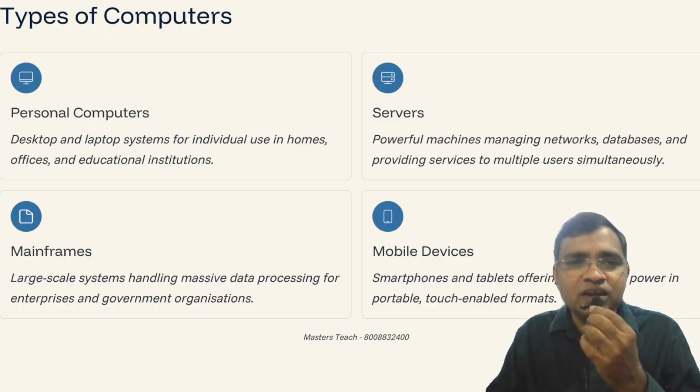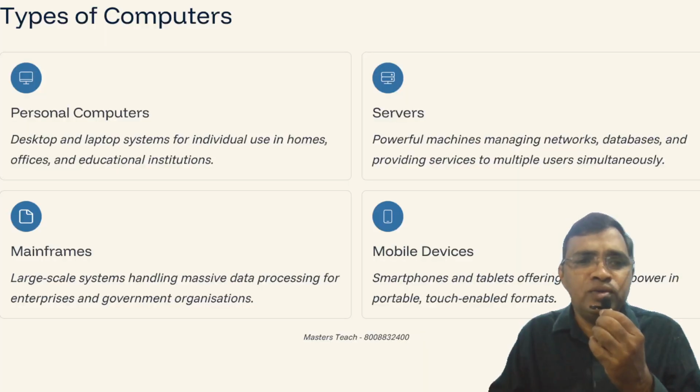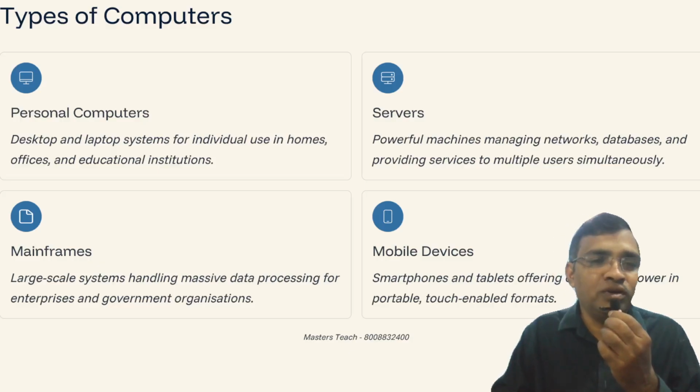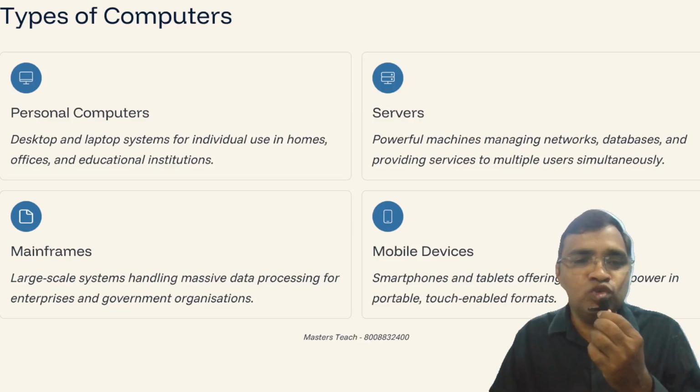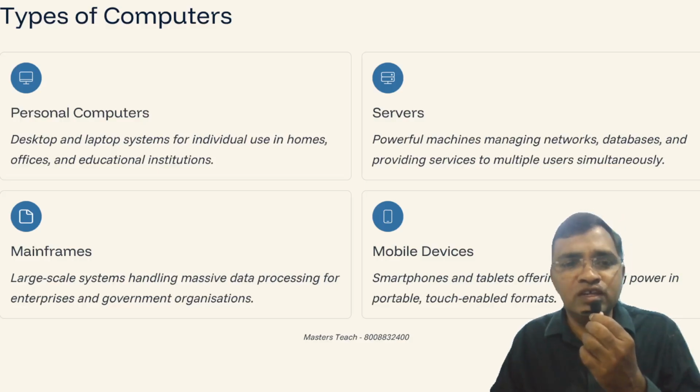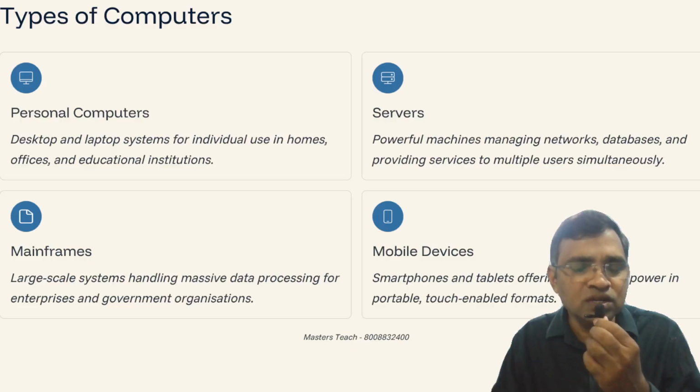Okay, let us start. Types of computer. Computers are divided into personal computers, servers, mainframes, and mobile devices. Personal computers, you know, every day we use the desktop and laptop for individual purposes as well as offices and educational institutions.